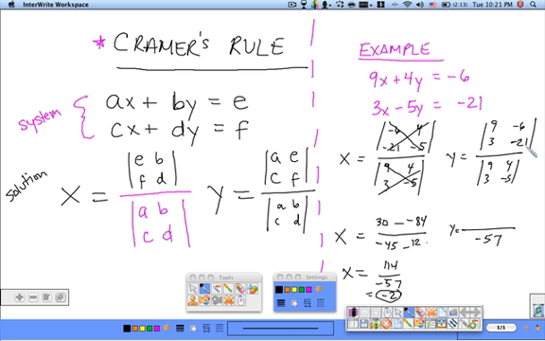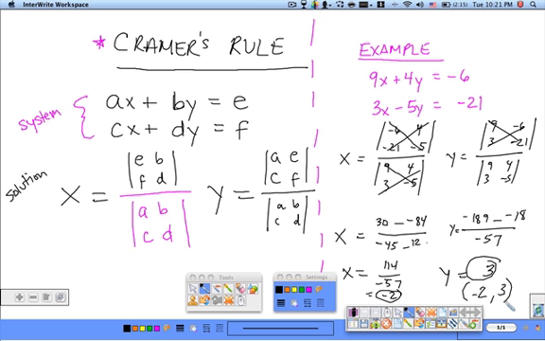Downward is -189, minus upward, -18. If you do the work, the top divided by the bottom, you get y equal to 3. Therefore your x comma y, -2 comma 3, is your final answer.